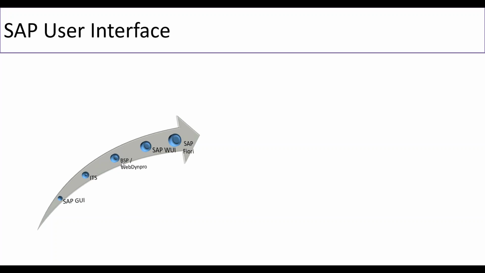So what SAP did was take the advantages of BSP and the advantages of Web Dynpro. They defined another framework called SAP Web UI. It was popular as SAP CRM Web UI, which is a combination of BSPs and Web Dynpro.